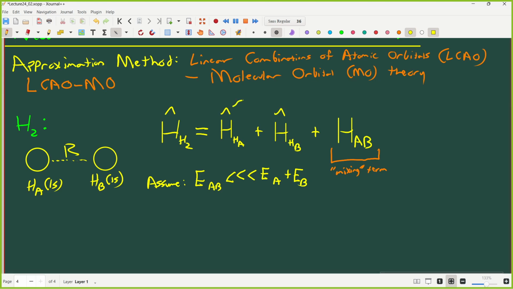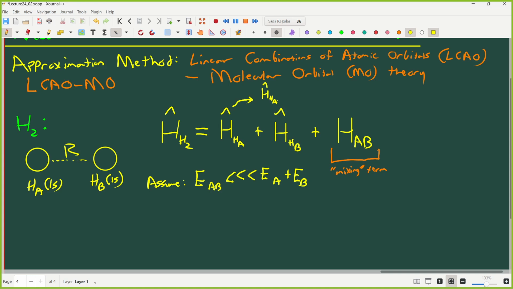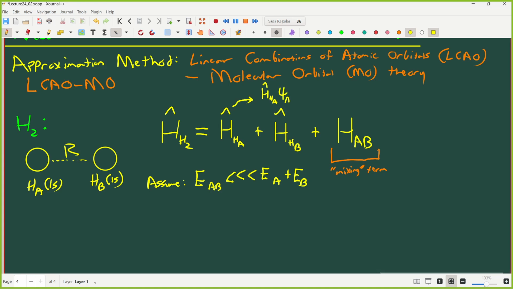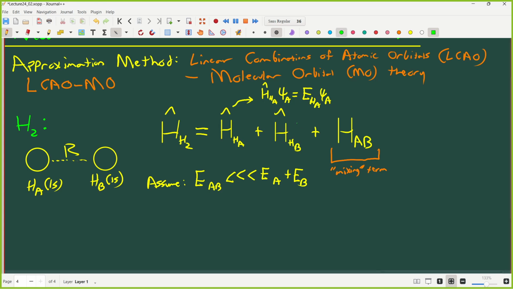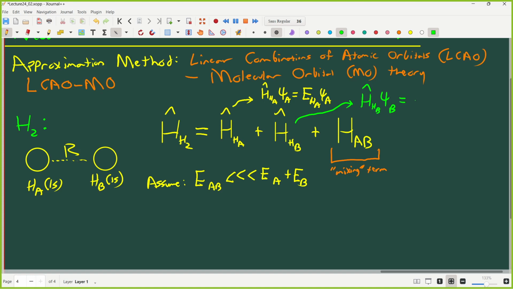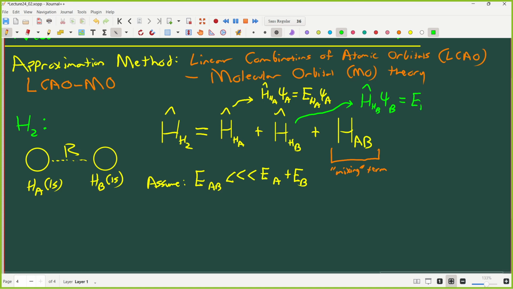The idea is that the Hamiltonian applied to the wave function for the A atom gives us EA times the wave function back, and it does that for B as well. So each of these little Hamiltonians solves the Schrodinger equation for hydrogen and gives us an energy.